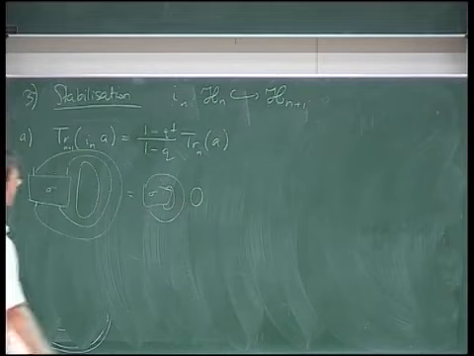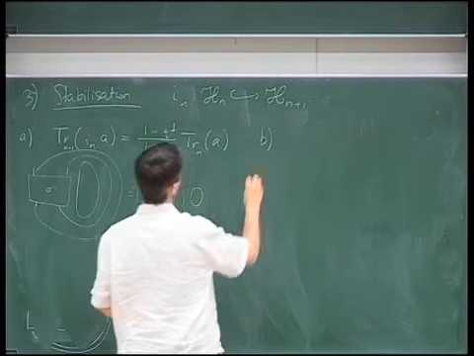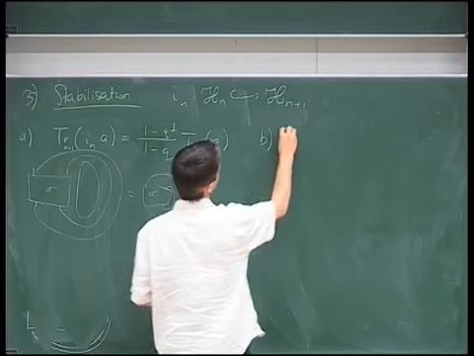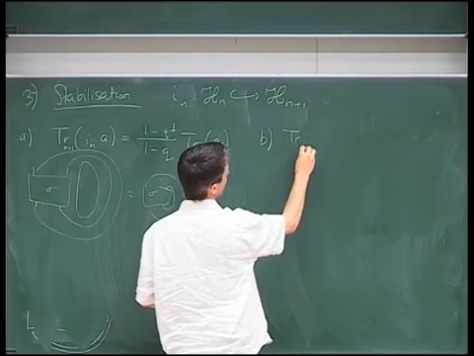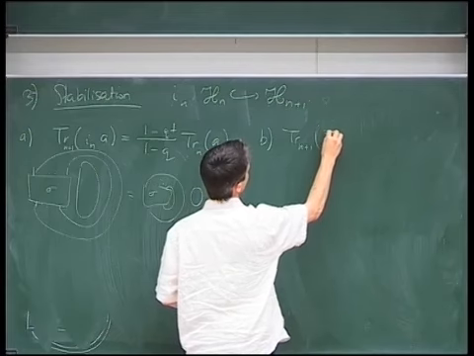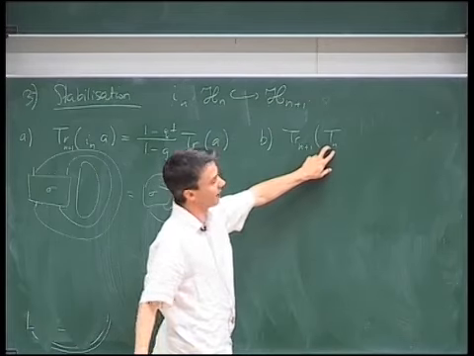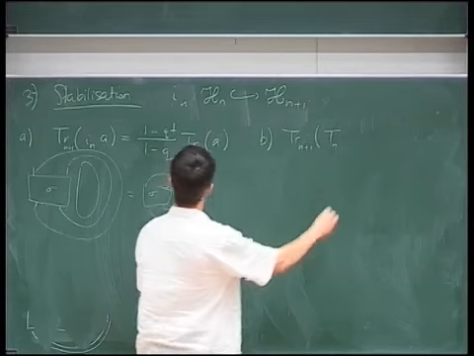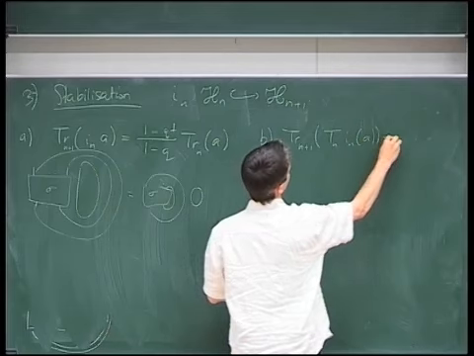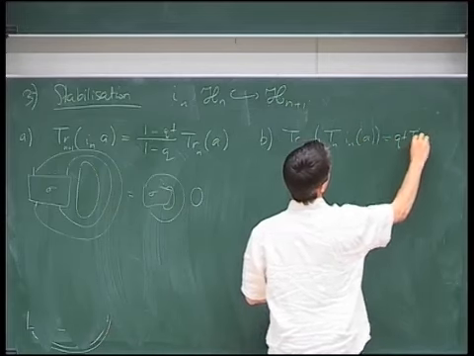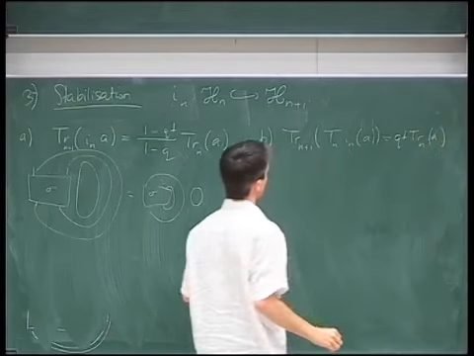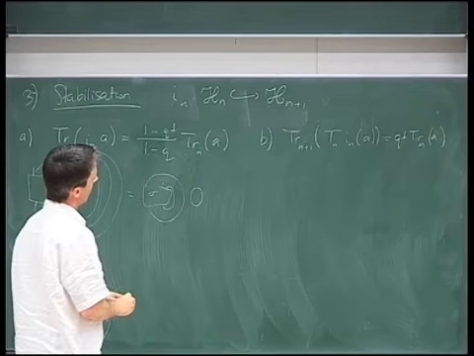And the second part is that Tr_{n+1} of T_n, so this is the new generator of the Hecke algebra, times the included A should be qt times Tr_n(A). And what's that saying?